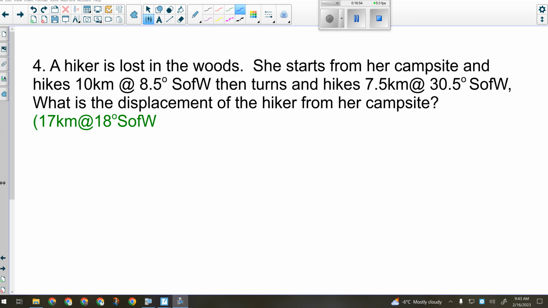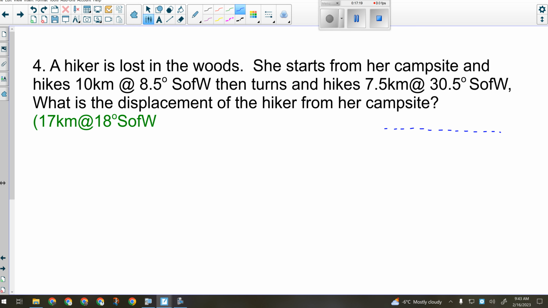All right, so let's look at this one here. So we got 10 kilometers south, 8.5 degrees south of west, and then we got another one that's also south of west, but at a different angle. So I'm going to start over here in the northeast quadrant, so I have room to draw the whole diagram. Okay, so we've got 10 kilometers at 8.5 degrees south of west. So I'm going to draw a reference line that's west.